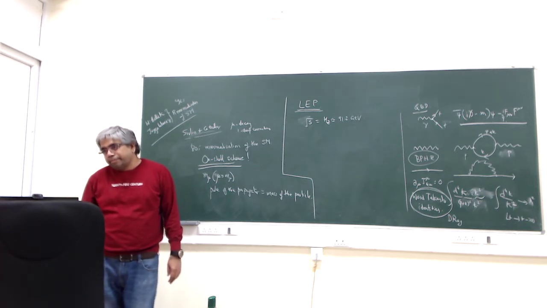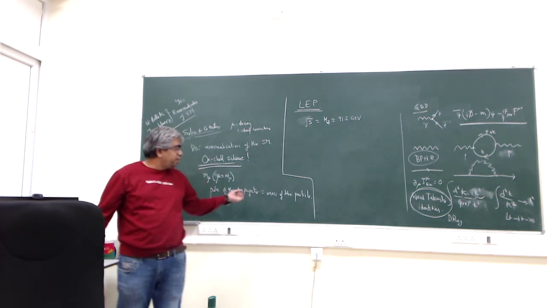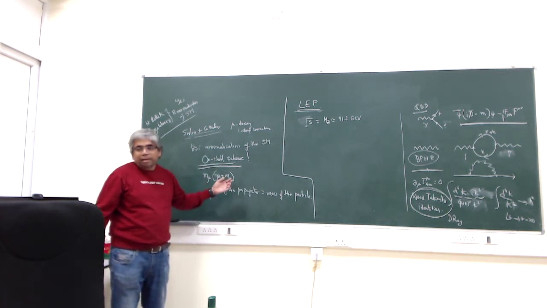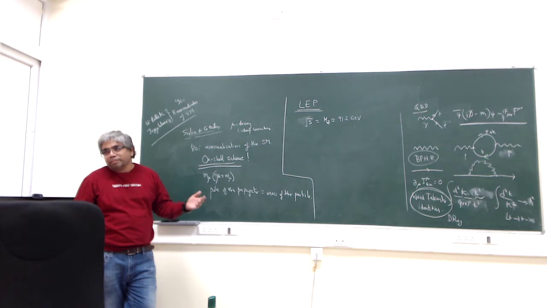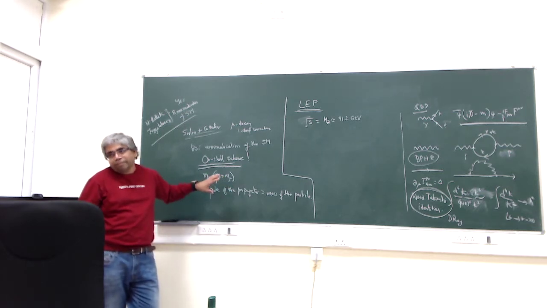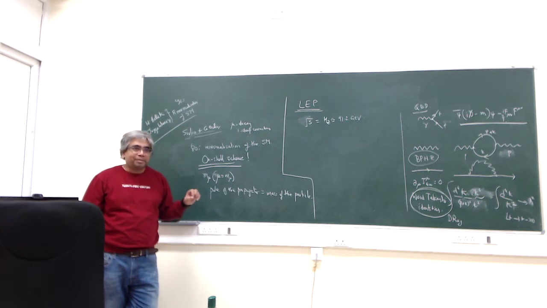So you need something else. That is the reason why this scheme is very nice: if you want to define mass properly in quantum theory, you can say it is the pole of the propagator. That's what we study in quantum theory, and this scheme makes sure that definition holds true. But that's a scheme dependent statement.